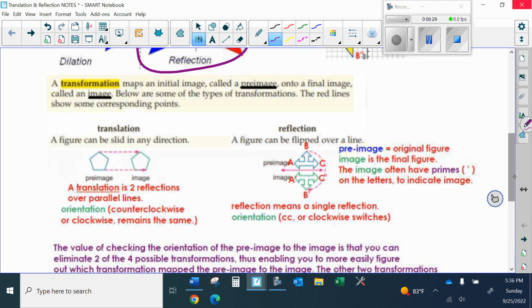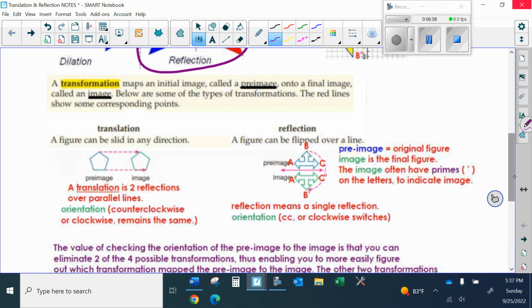Okay. Now, orientation. Orientation can either be counterclockwise or clockwise. And since it's two reflections, the orientation is going to remain the same. So whatever the pre-image orientation is, if it was clockwise on the pre-image, then the image will also be clockwise. If it was counterclockwise on the pre-image, then the image would also be counterclockwise.